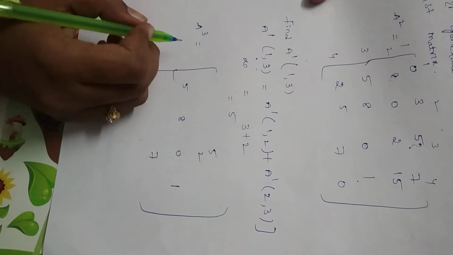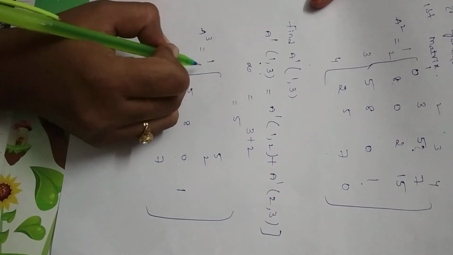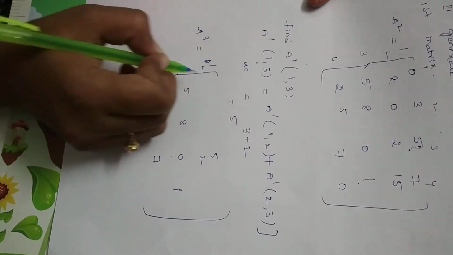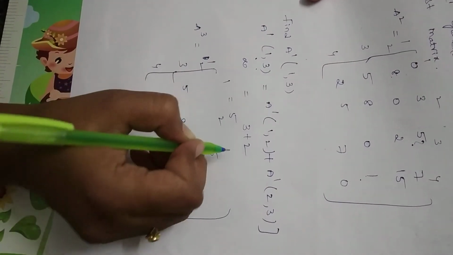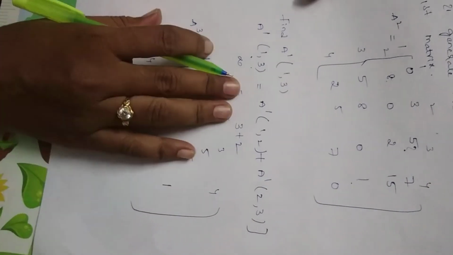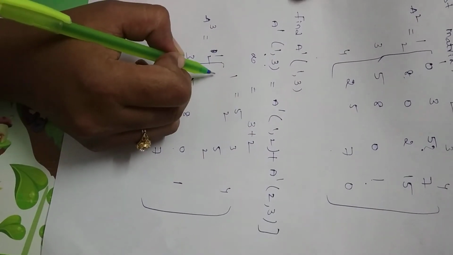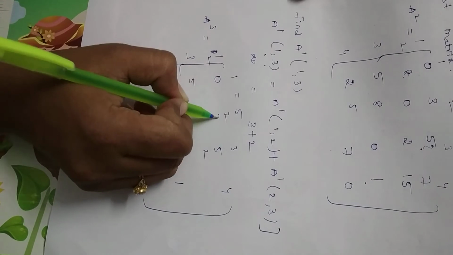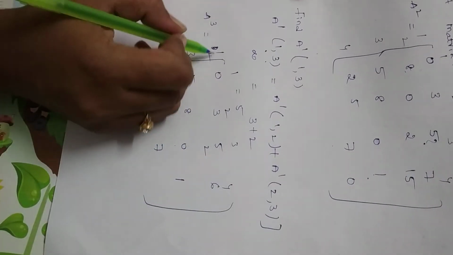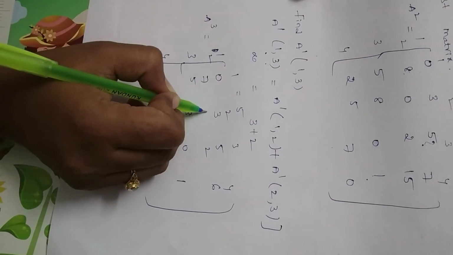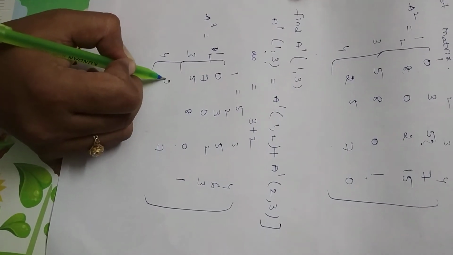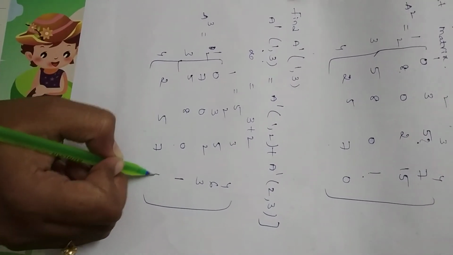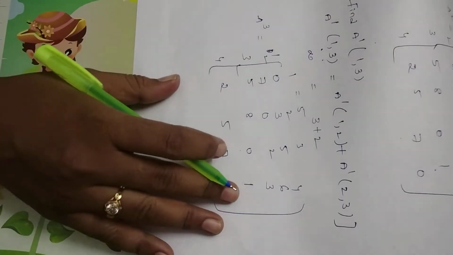The diagonals are the same. So the values are 0, 3, 5, 6. Next 7, 0, 2, 3. Next 2, 5, 7, 0. This is the third matrix.